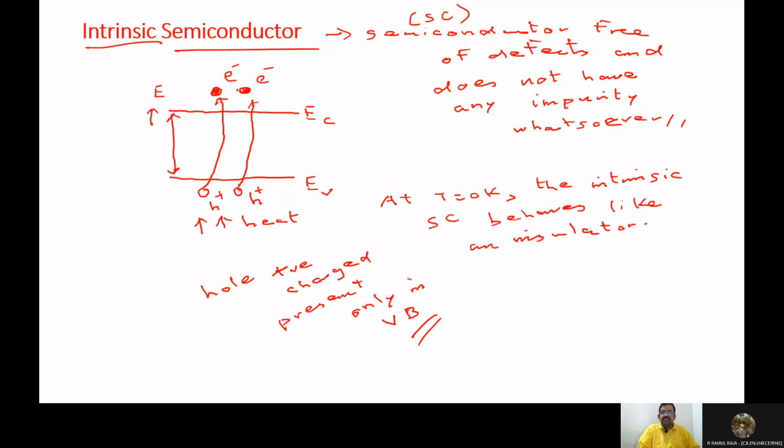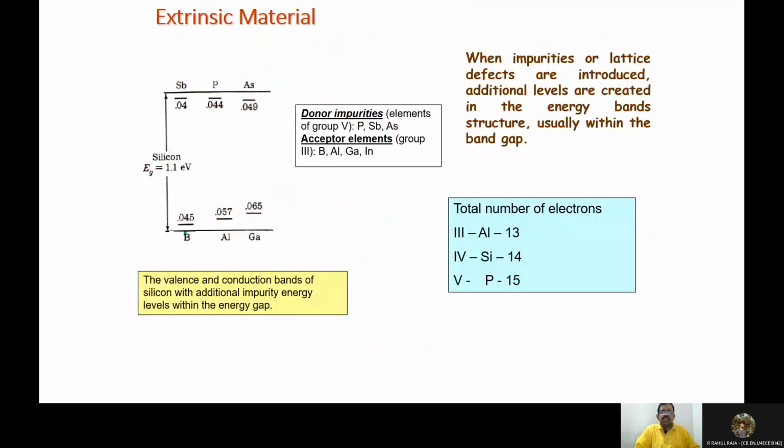Good enough. So what is an extrinsic semiconductor? By extrinsic semiconductor we are adding impurities to the intrinsic material. When we add impurities, we actually alter the concentration of electrons and holes.